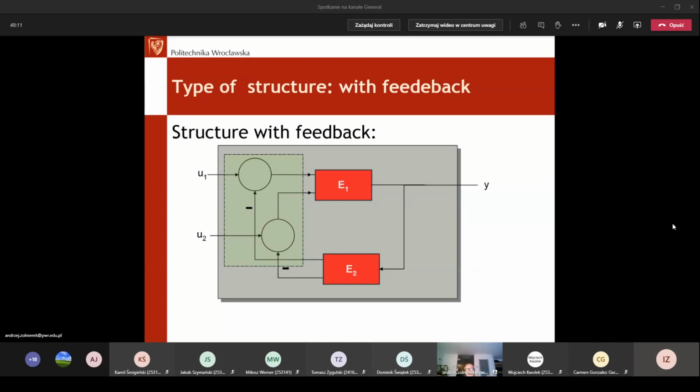Especially it is very important in this feedback structure. What is this feedback?